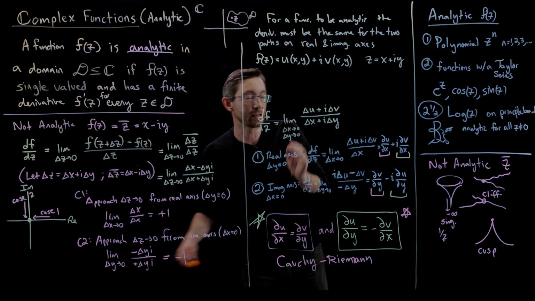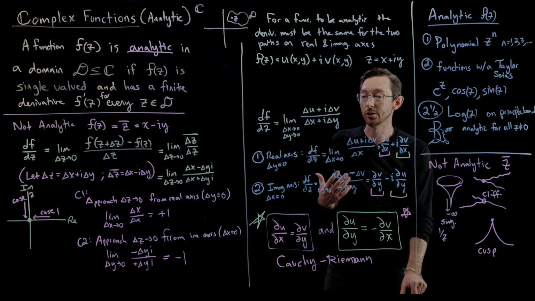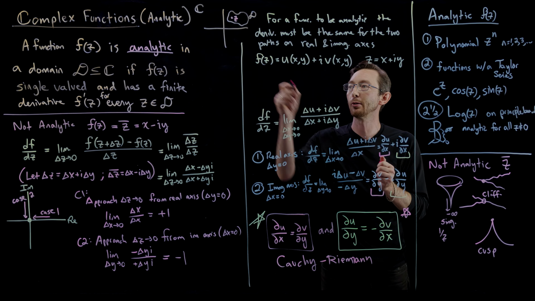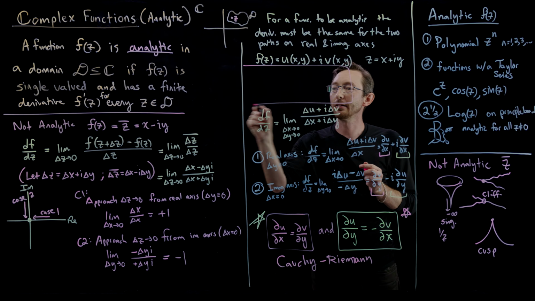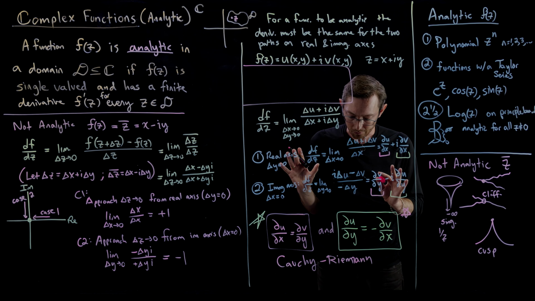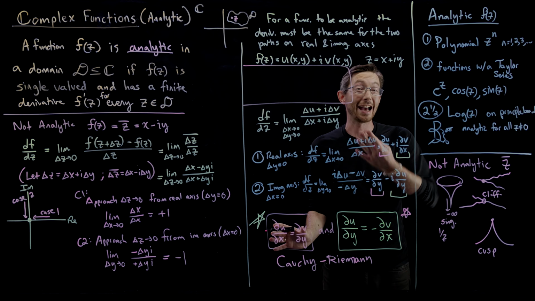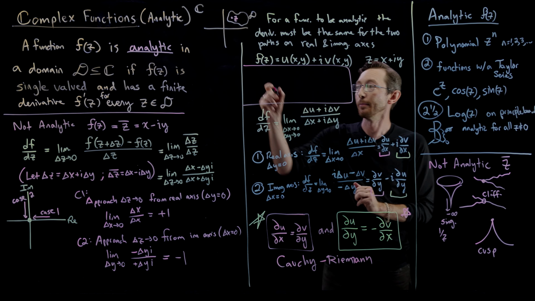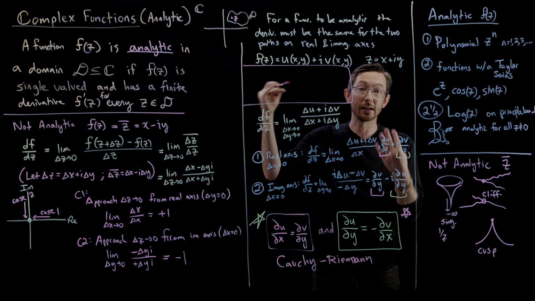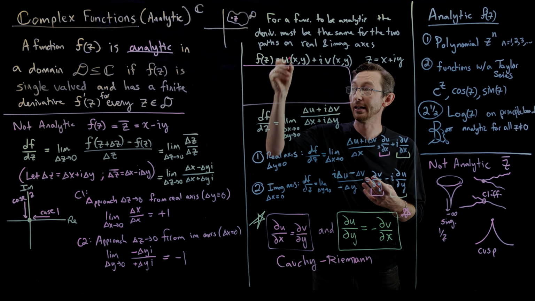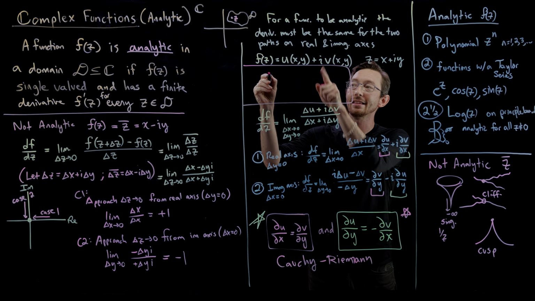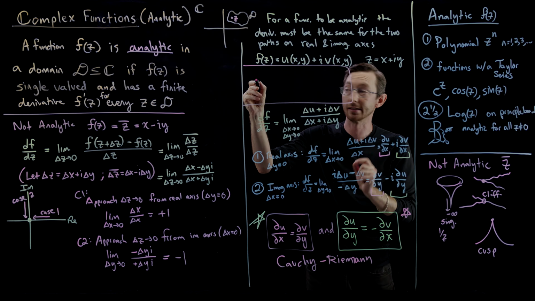And why do we care about these analytic functions? What do they allow us to do? So analytic functions are super neat because, essentially, what I'm going to show in the next lecture, very, very important lecture, is that if f of z is analytic, then the real part and the imaginary part solve Laplace's equation.